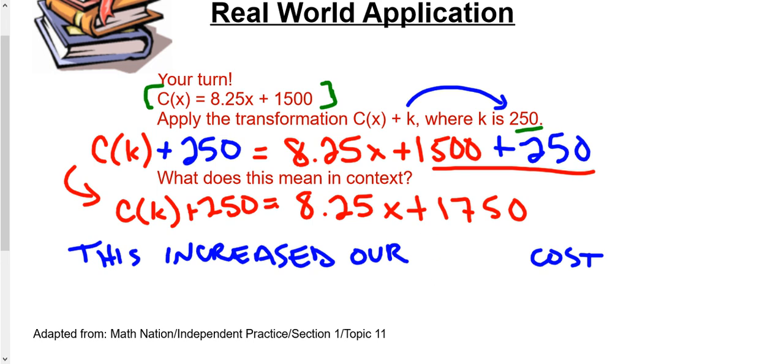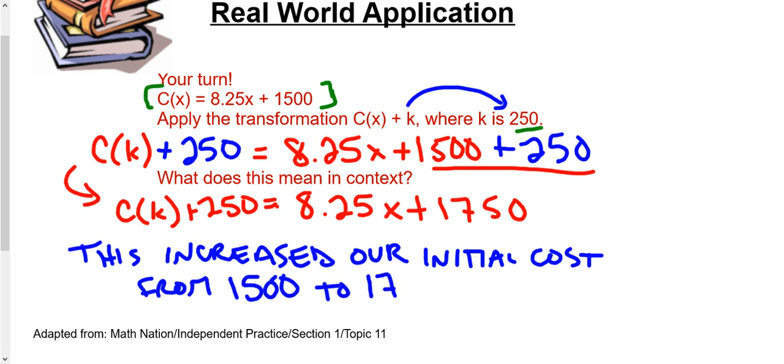So we were talking about how that 1,500 is the initial cost, what it costs just to run the company without printing any books, right? Before printing any books, it costs us 1,500. So this increased our initial cost to run the company from 1,500 to 1,750, and these are dollars, right? So it used to cost $1,500, now it's costing $1,750, okay?